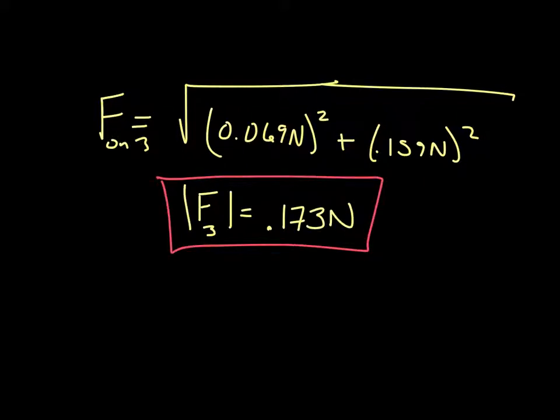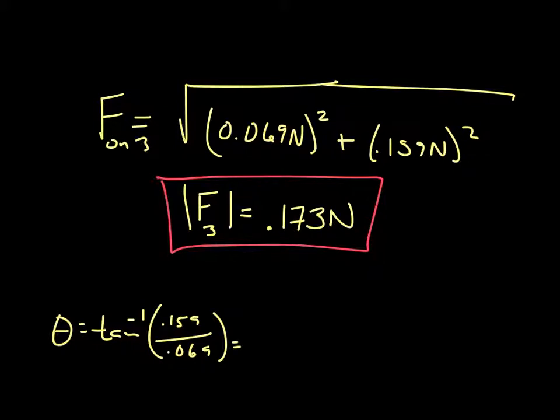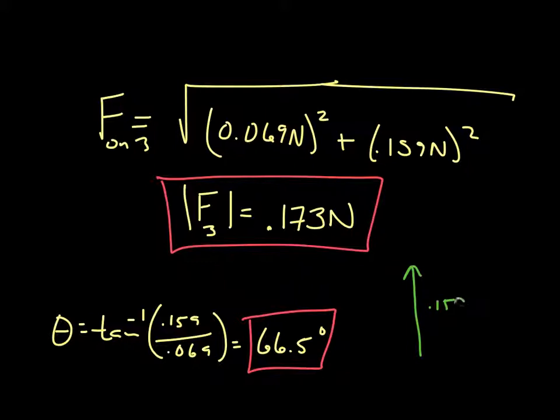Now you need to figure out your angle. So theta equals tangent inverse of your y component over your x component, so that's 0.159 over 0.069. Using your calculator, you'll get 66.5 degrees. And you are almost done. You just need to double check to make sure this makes sense. So your y component, 0.159, your x component, 0.069 newtons.